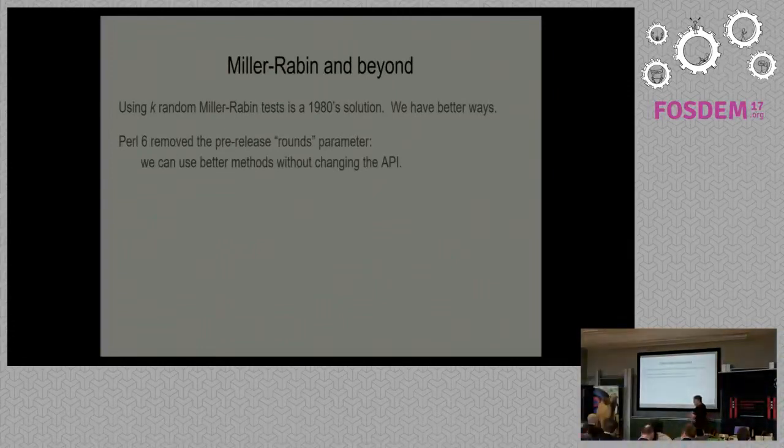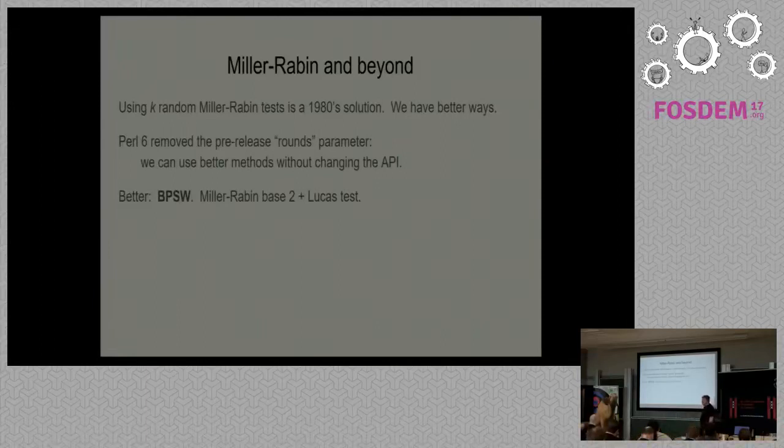Perl 6 used to have in the language specification that isPrime took a parameter of the number of trials for Miller-Rabin, which I particularly disliked because it put implementation details into the language itself. Fortunately, that was all removed before the language came out, so we can apply better methods without changing the API, as long as we do the right thing.